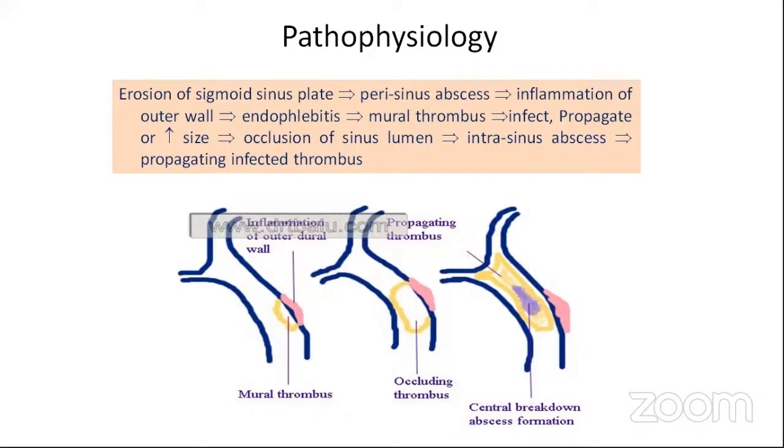That will propagate, increase in size, produce occlusion, and that forms the intrasinus abscess. Later this will get propagated, that is the rupture of this abscess, and it will spread to the other regions of the sinus.